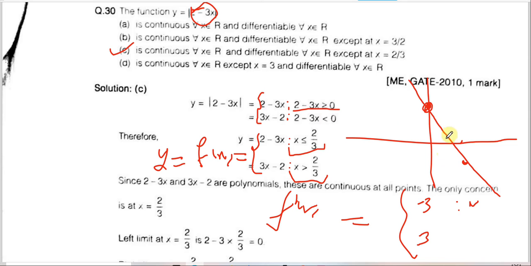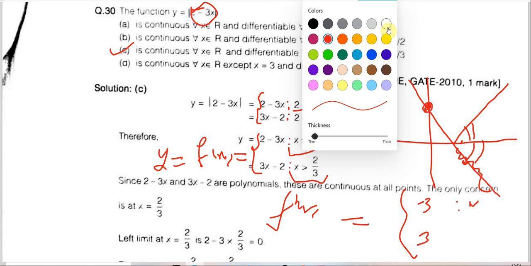But how to get the modulus of it? Simply we cut down this negative part and shift it by taking the reflection about the x-axis. This is the rule for finding the graph of the modulus function. So in that sense we have got this.